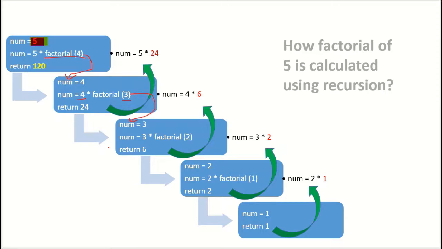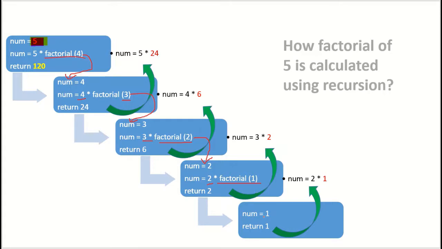So num is now equal to 3 and it is calculating 3 star factorial of 2, that is n star factorial of n minus 1, and it is again going to its copy with num value equal to 2. Now num is equal to 2 star factorial of 1.